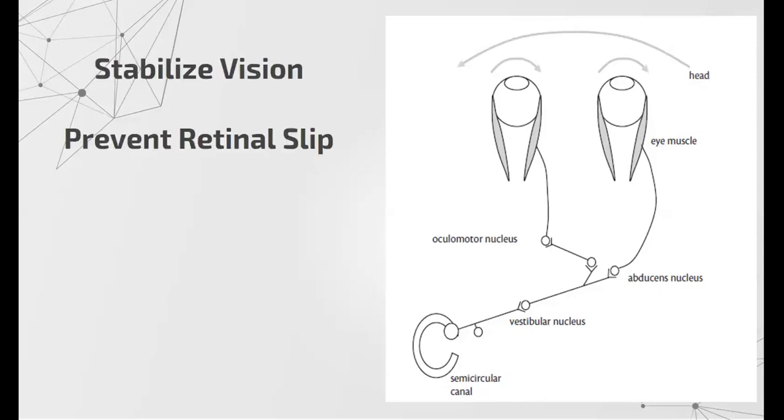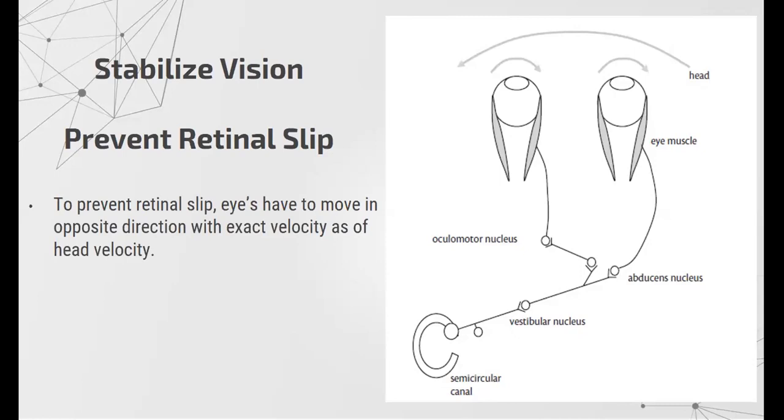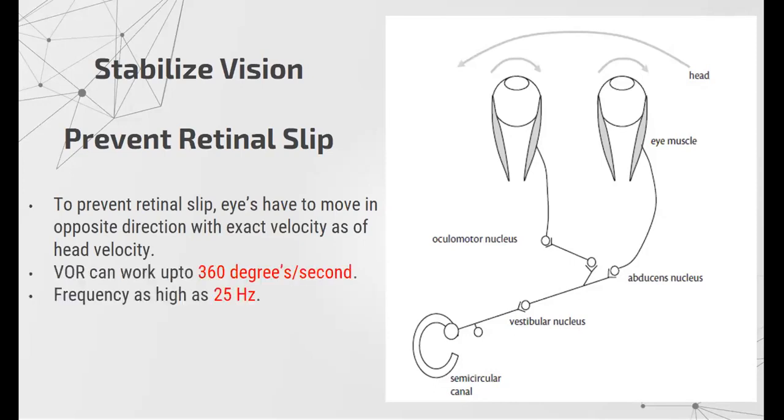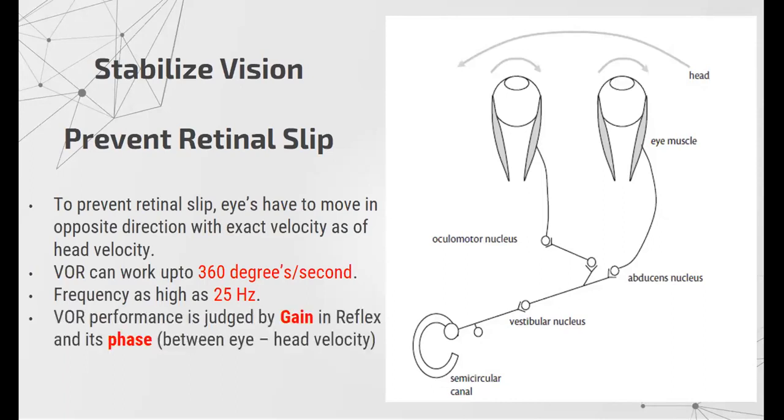It is essential to stabilize the vision. So the VOR's main function is to stabilize vision and prevent retinal slip. To prevent retinal slip, the eyes have to move in the exact opposite direction with the exact velocity of the head. VOR can work up to 360 degrees per second, which is huge, and the frequency is also very high, reaching up to 25 hertz.